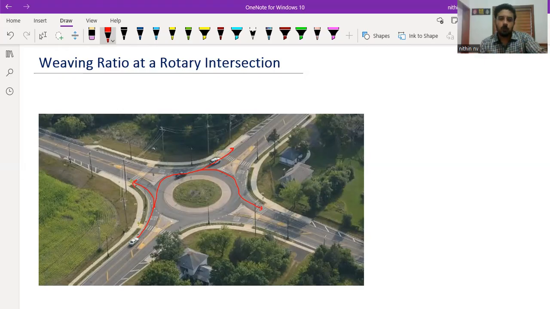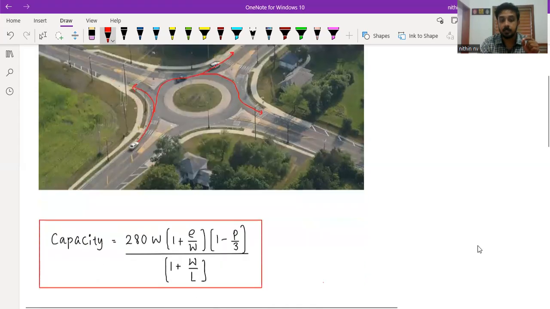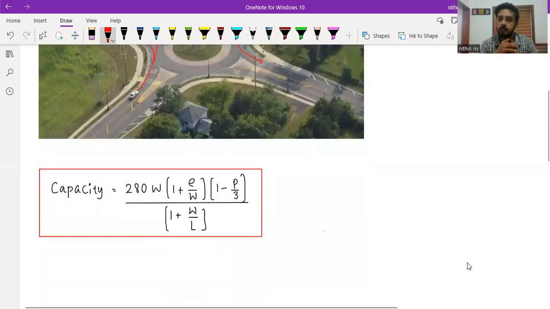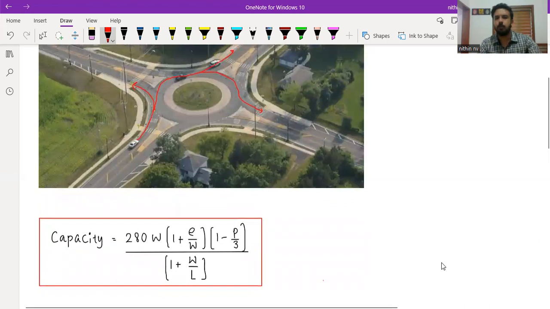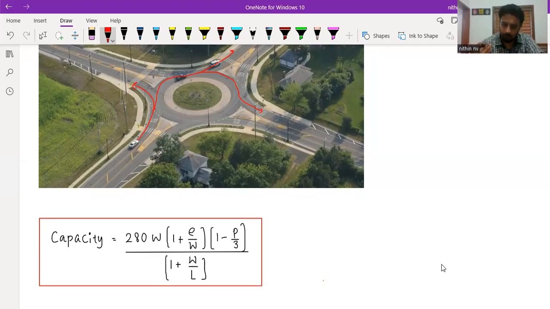As I told you before, the term weaving ratio appears in the capacity equation, right? I hope you have already gone through this equation, one of the important equations in the geometric design of a rotary. In case you have confusion about this capacity calculation and the terms in this equation, this W, E, L and all, please let me know in the comment box.